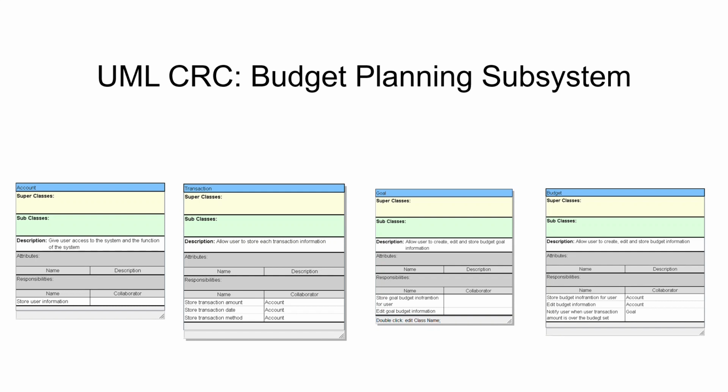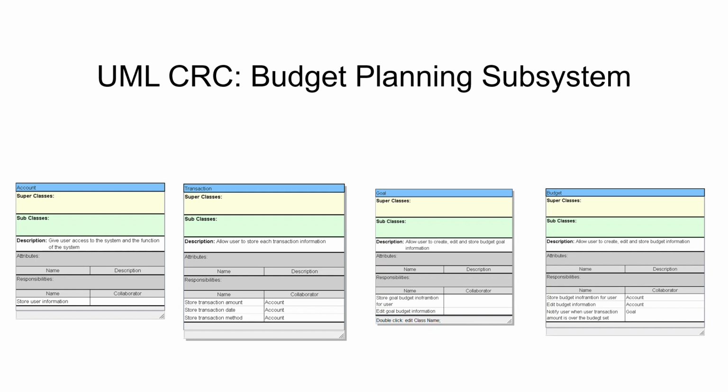So we have a transaction class to check and store all the transaction amounts, the transaction date, and the method for the user. This transaction class allows the user to store all the information they wanted to store. Also, we have another class for the goal.